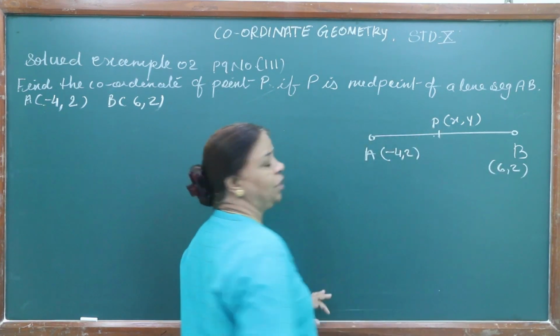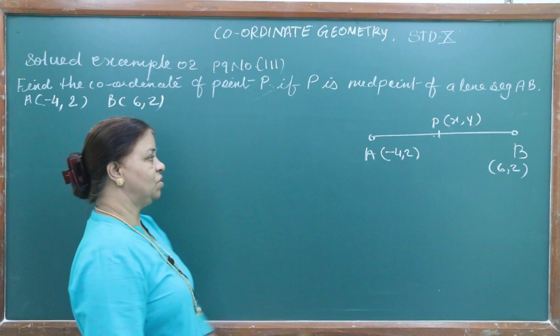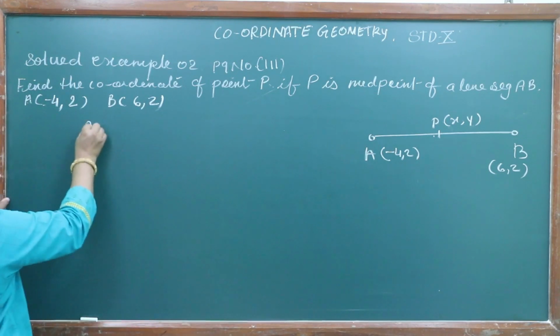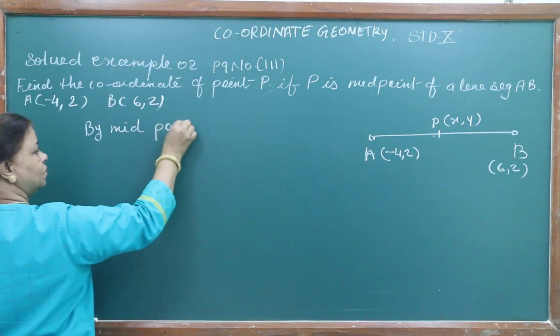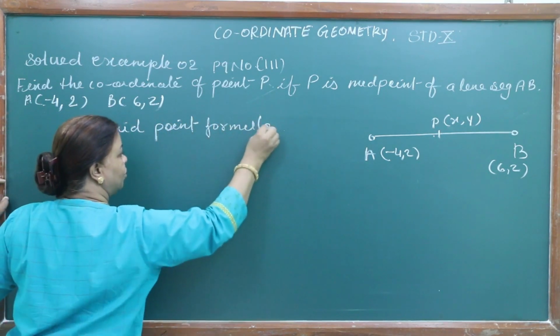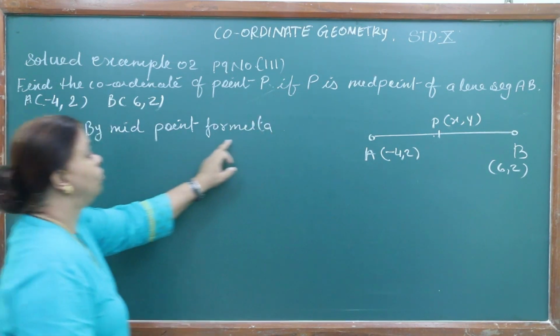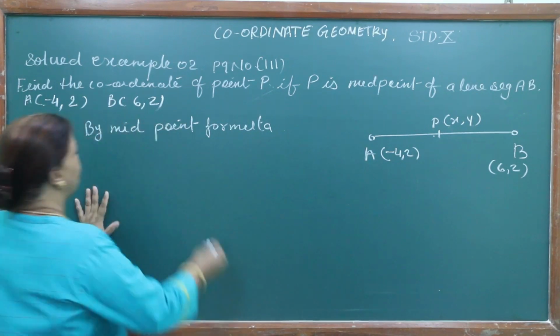As P is the midpoint and we need to find the coordinates of point P, we will definitely use the midpoint formula. Children, you can use the midpoint formula because it is given that P is the midpoint. So you also need to write this step here.